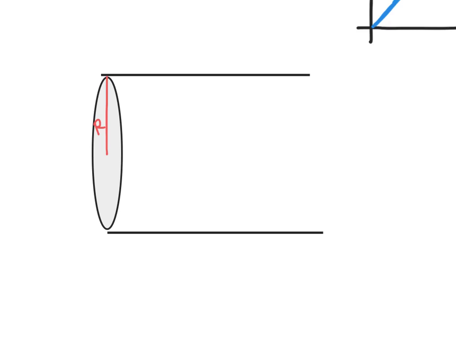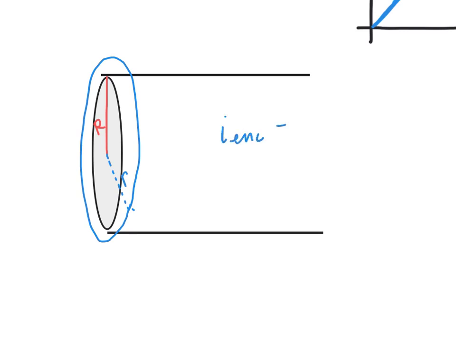So if we're outside the cable at some distance r outside the cable, so that our Amperian loop runs around my cable like that, then the current enclosed is the total current.